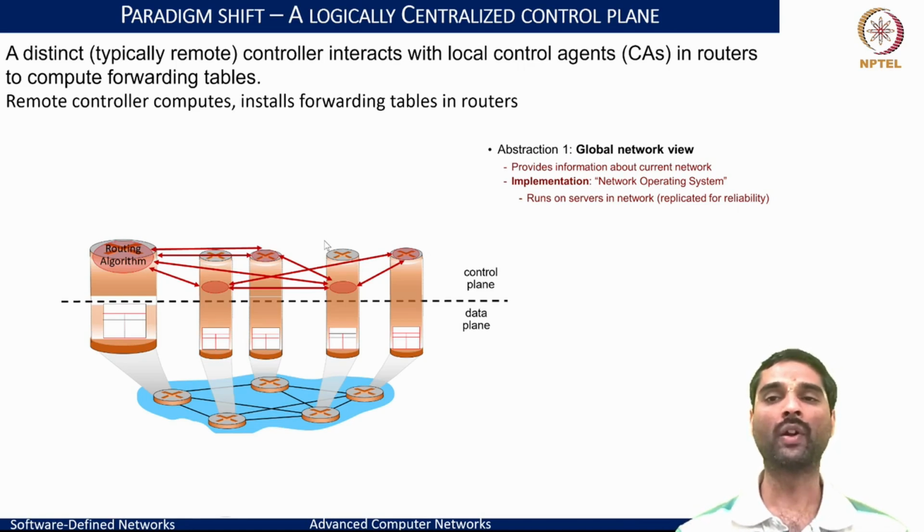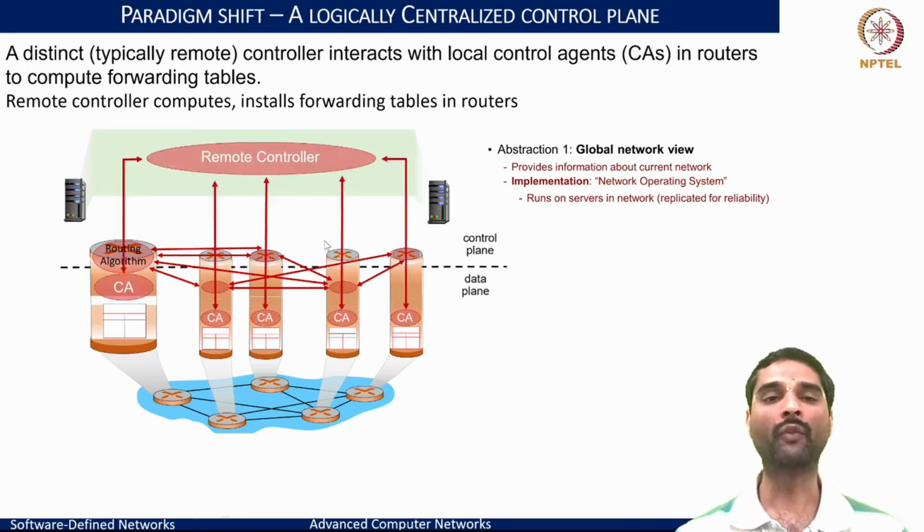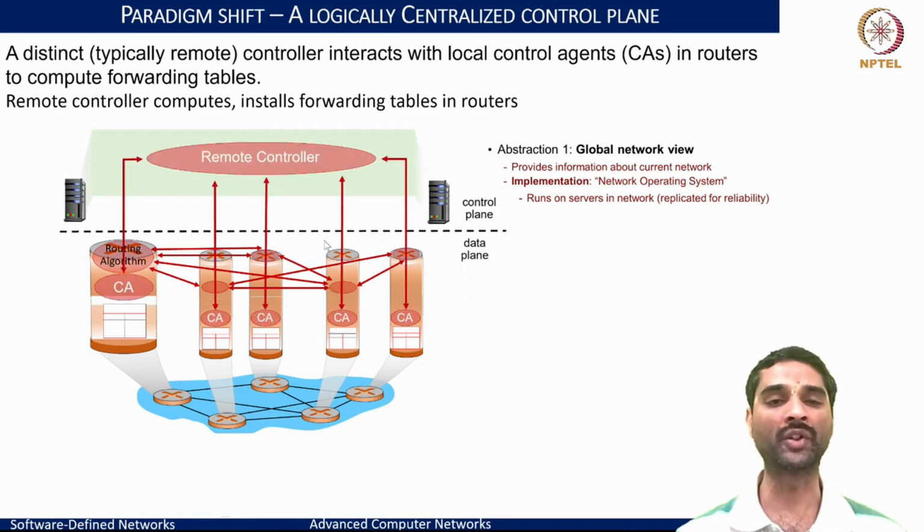And to do this, we have to ensure that the information is extracted from beside these individual routers. And that way, if we shift the control plane up, that is, externalize the control to a remote controller, which is now able to build the global view, then we would have achieved our first abstraction.